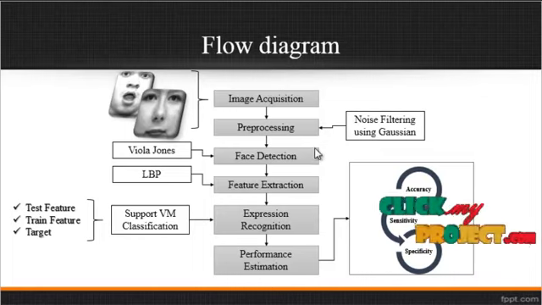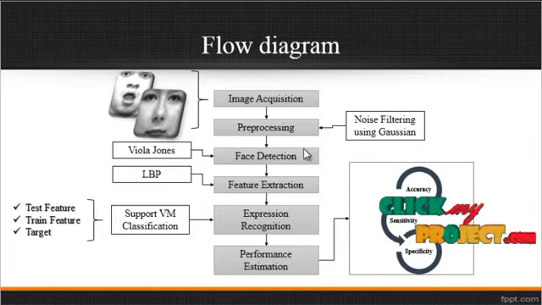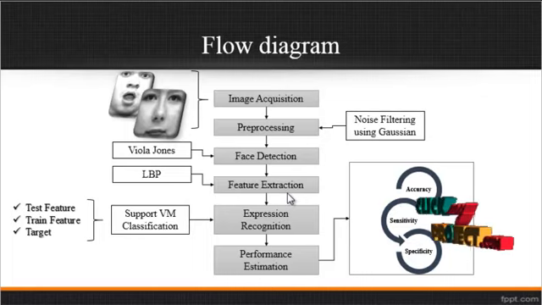After that, face detection is carried out using the Viola-Jones method. In this method, the face region is extracted and the background is eliminated. After extracting the facial regions, feature extraction is carried out. In this step, LBP is used to extract the features.